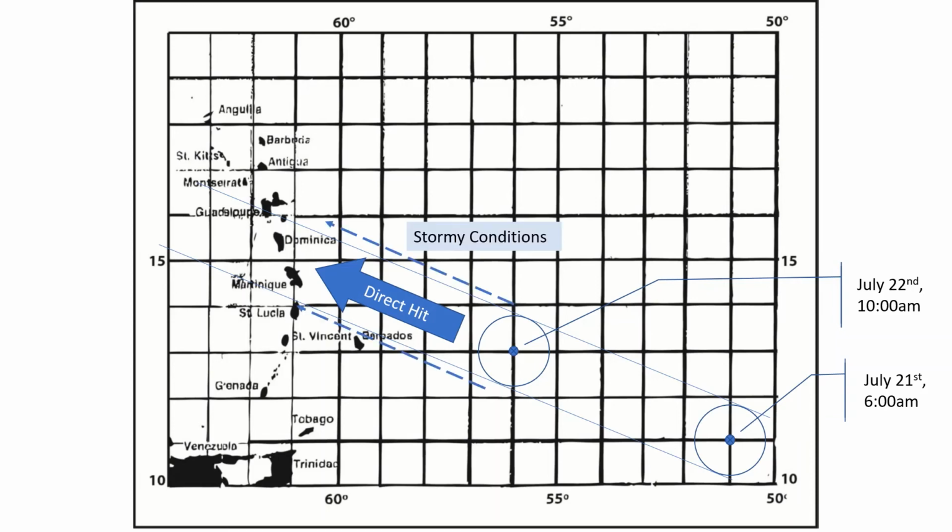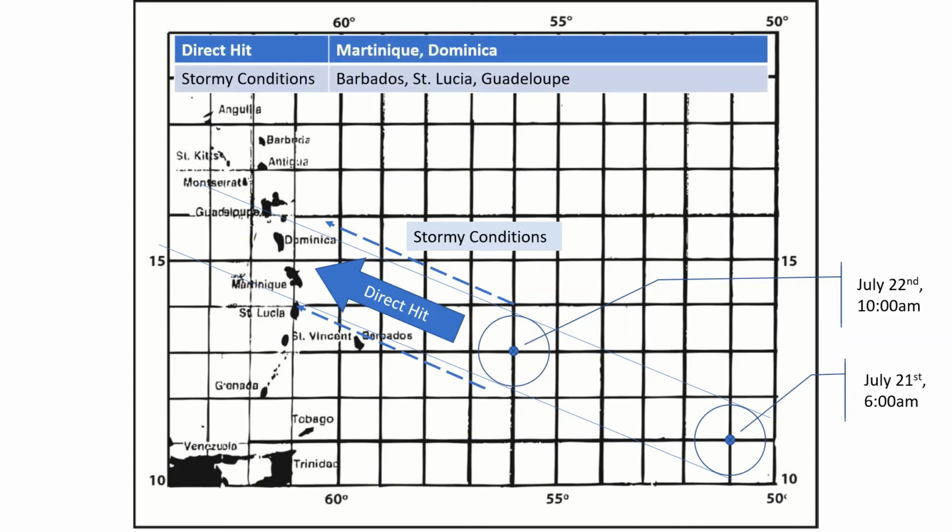Islands very far away will not experience any kind of effect from this hurricane. So islands like Martinique and Dominica will be directly impacted by this hurricane, and places like Barbados, St. Lucia and Guadeloupe will experience stormy conditions.